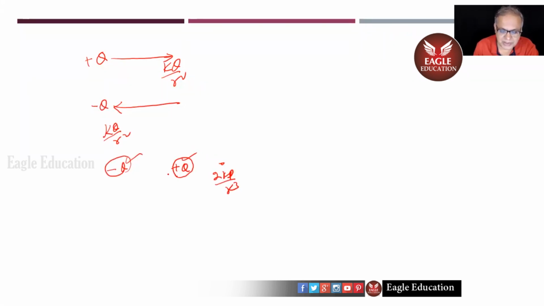Everywhere we are taking point charges, and the formula force equals 1 by 4 pi epsilon 0 q1 q2 by r square. But in practice there are no point charges.